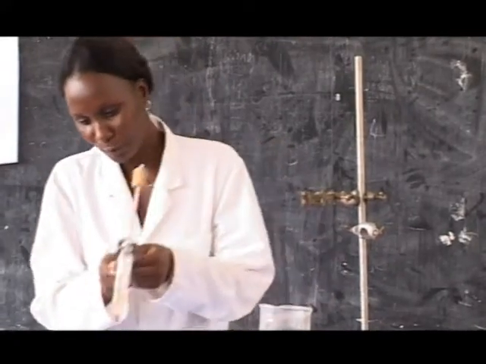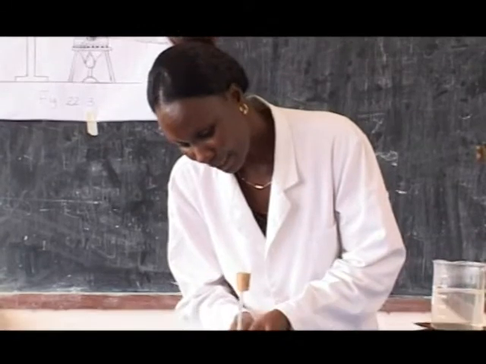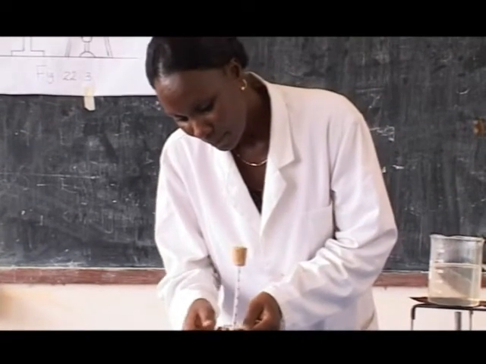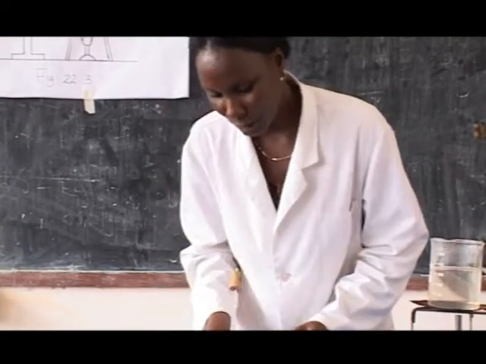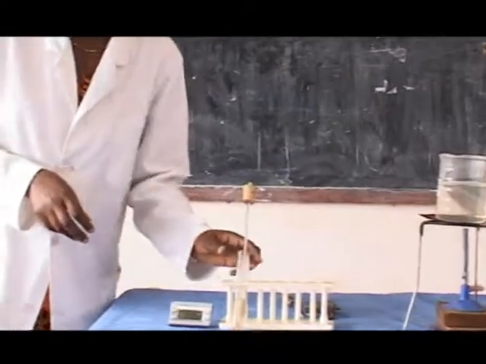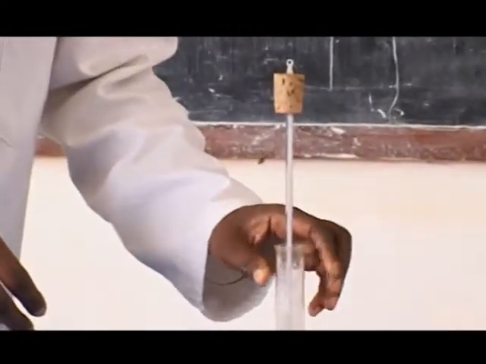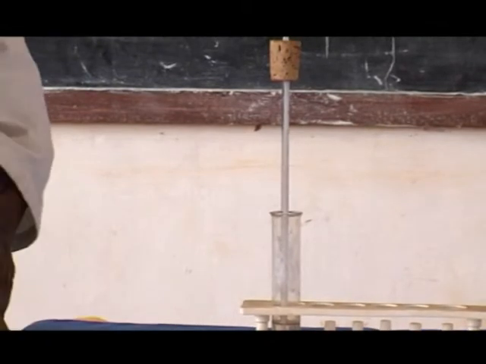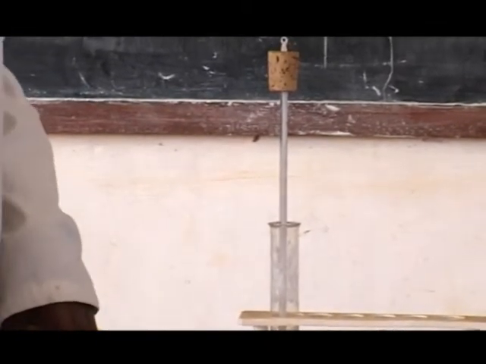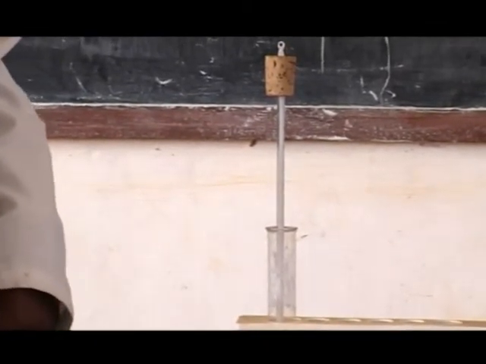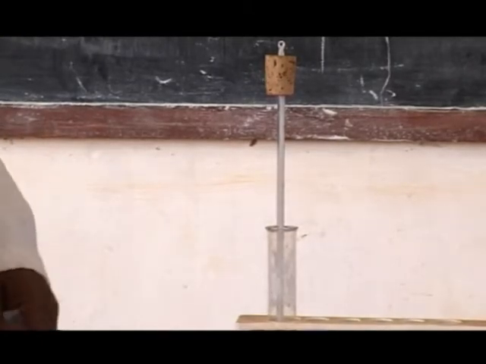Put the test tube into the holder. Immediately start to record the temperature at intervals of 30 seconds until it reaches 50 degrees centigrade.